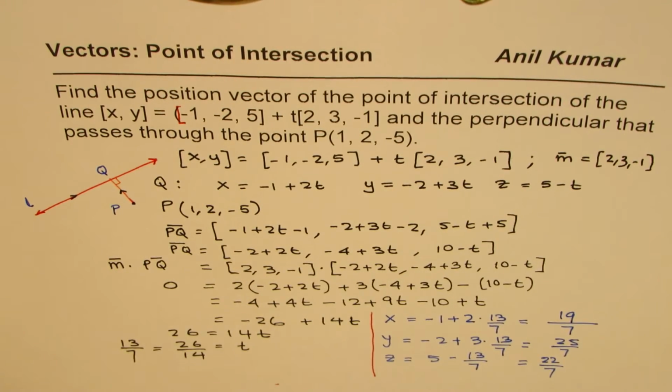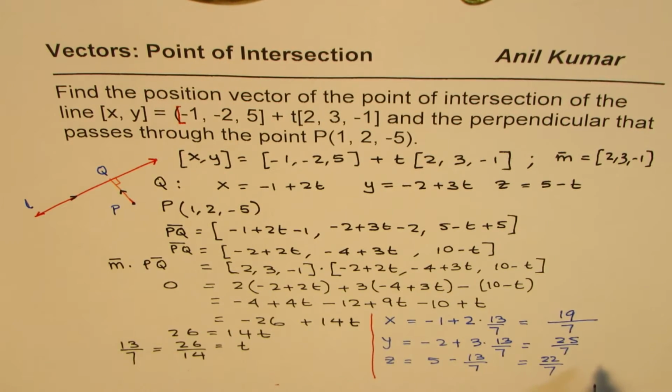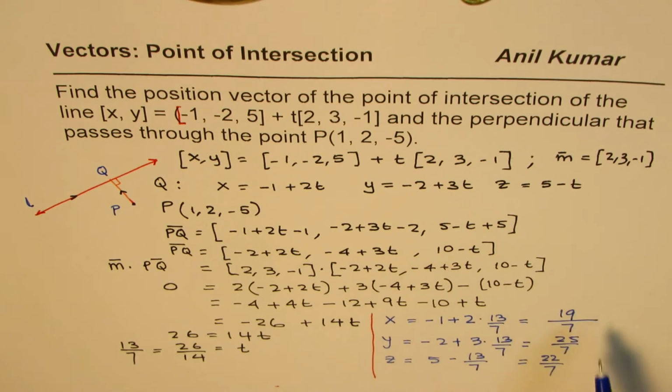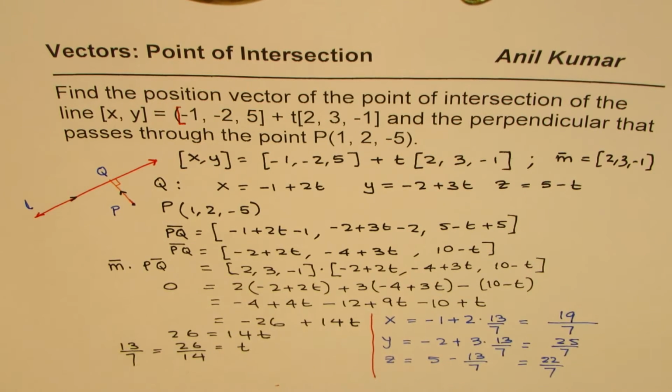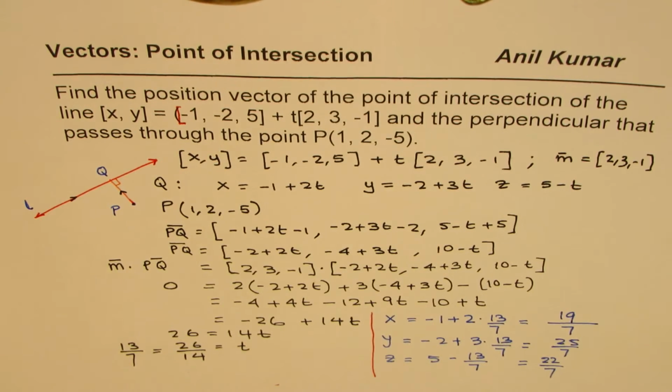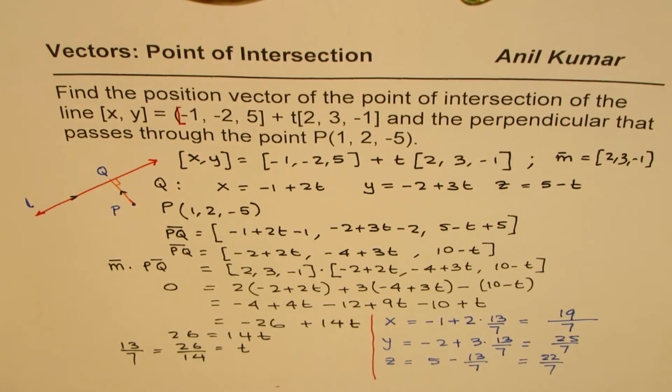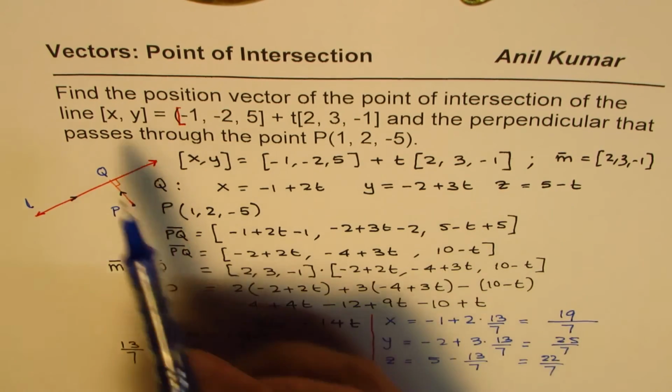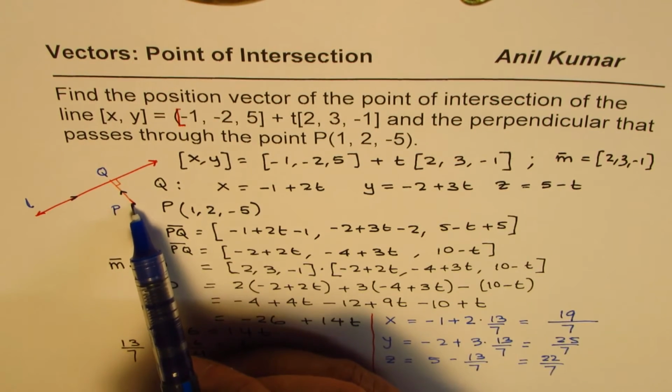I hope you understand the method which I have applied to solve. There could be a calculation mistake, but it could be correct also. I'm not really checking it at this moment, but I'm sharing with you a method of solving. We have a line and an external point.